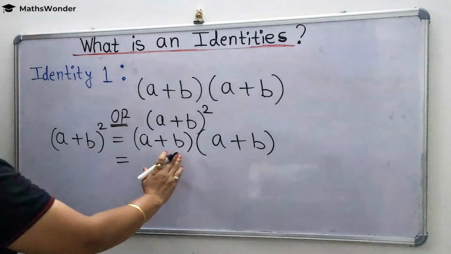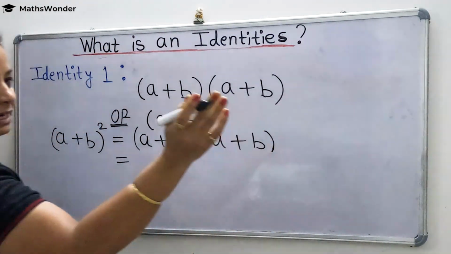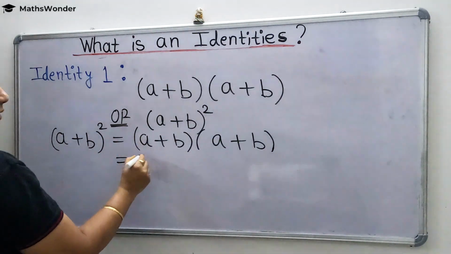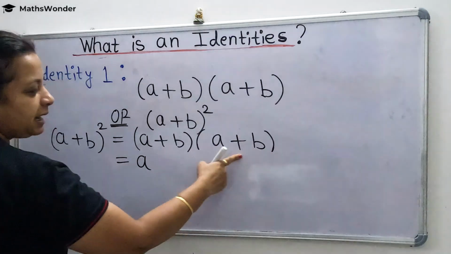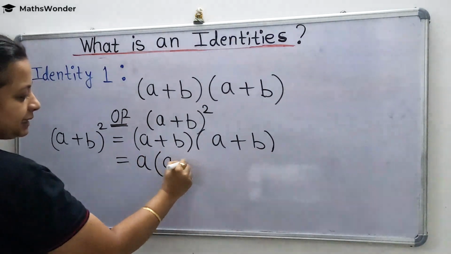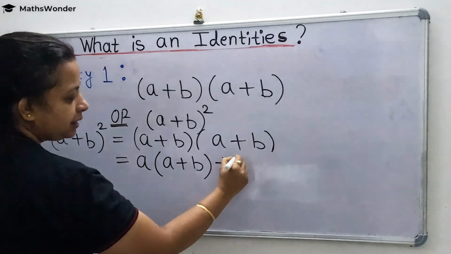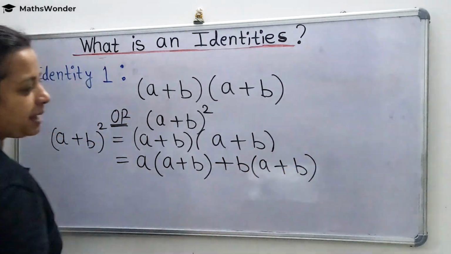Now check how you will solve this. Same like an algebraic expression. We already did it in the previous classes, right? So a, first you will take a, multiply with the whole parenthesis, which is a plus b. Now the remaining plus b, you will write it here and again use the same parenthesis.